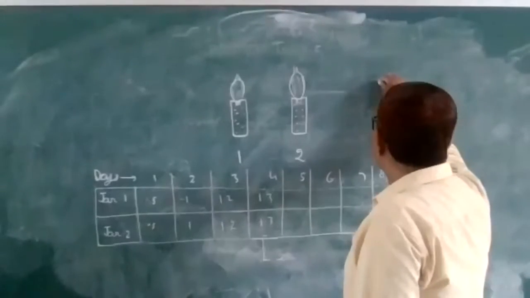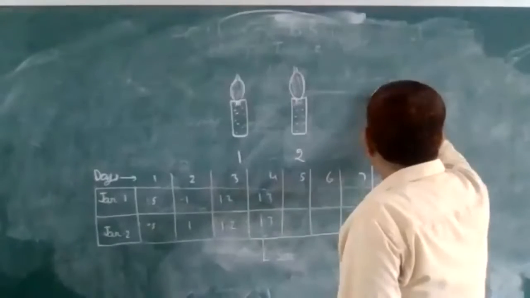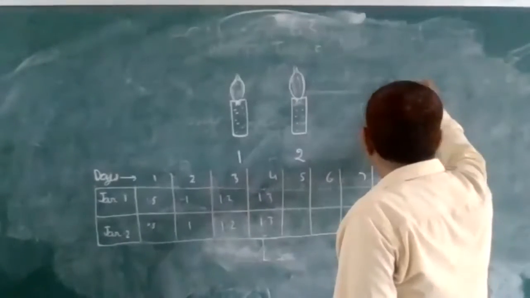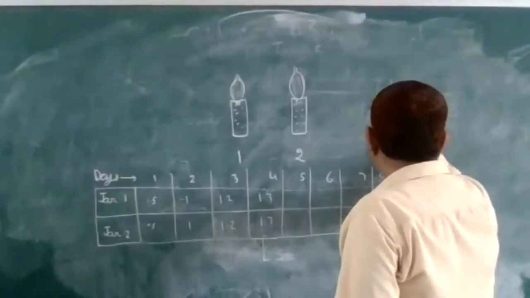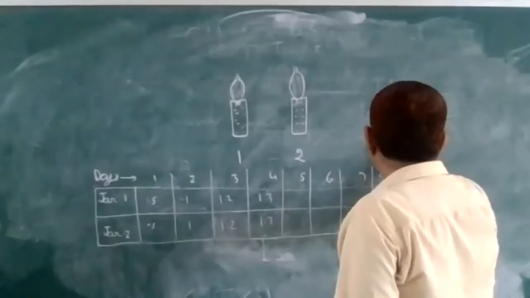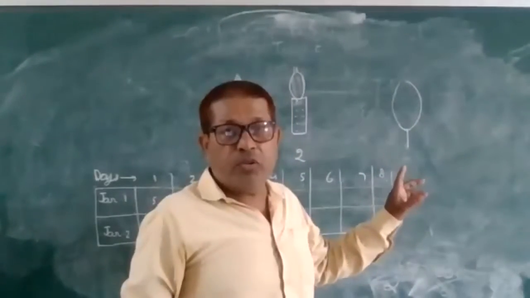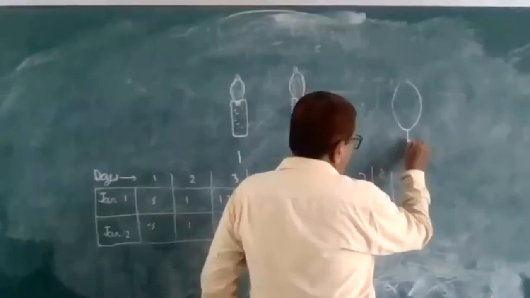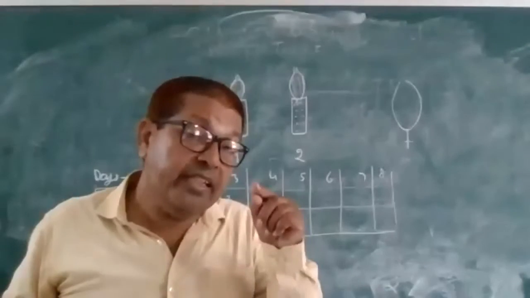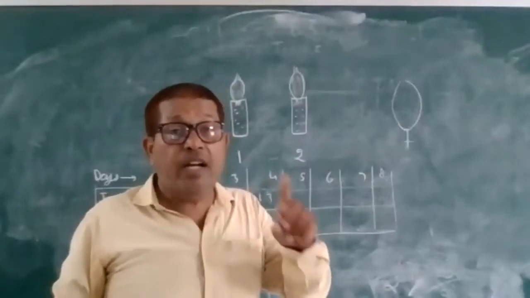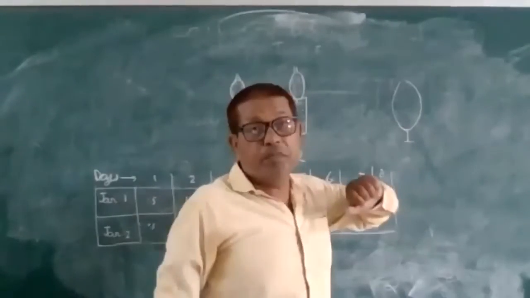Suppose this one is the onion bulb, and we are considering one root. I am considering only one root. So you cut from the tip, you decapitate the head of the root from jar B. Only this region you remove.